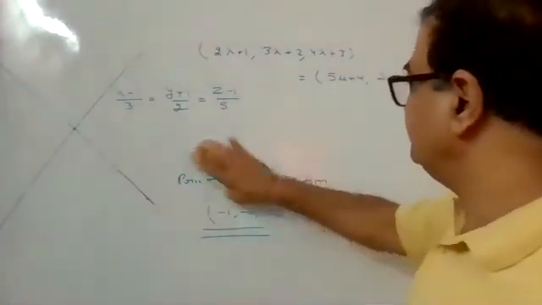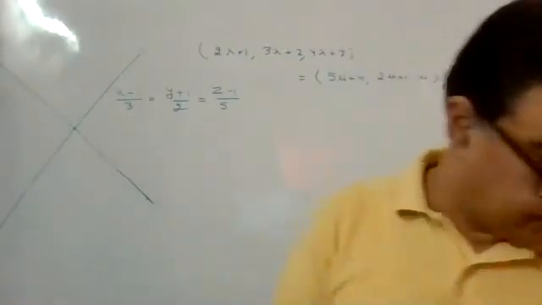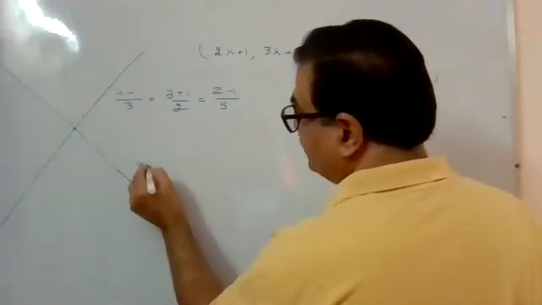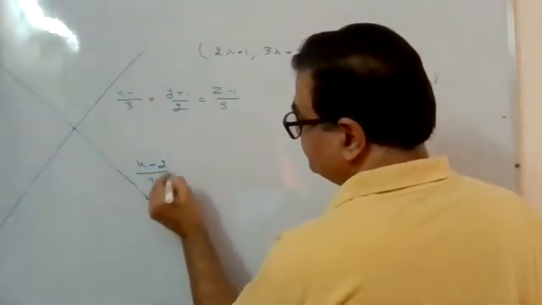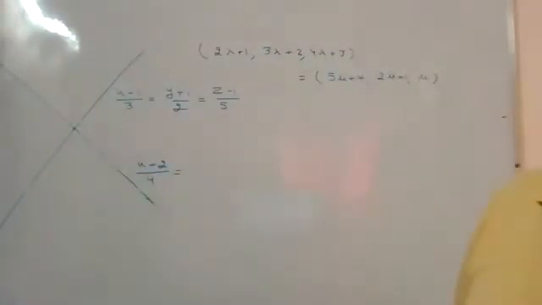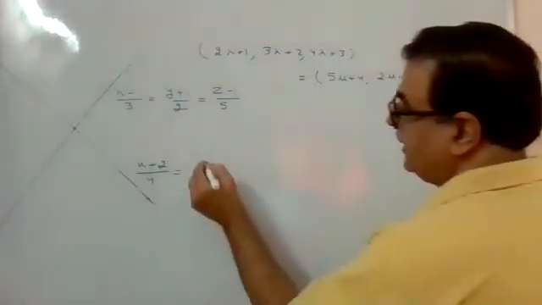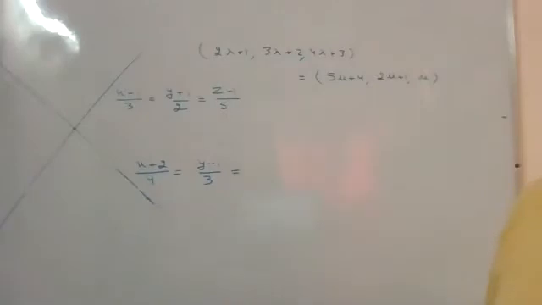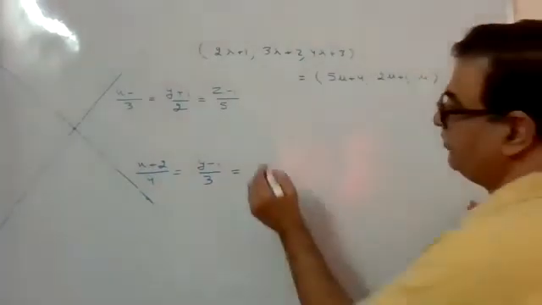And the second line, x plus 2 by 4 equal to y minus 1 by 3 equal to z plus 1 by minus.